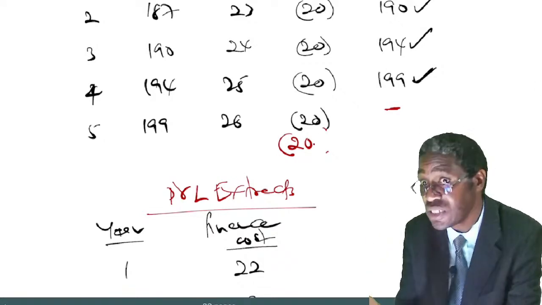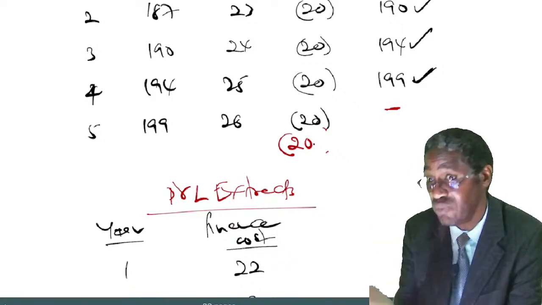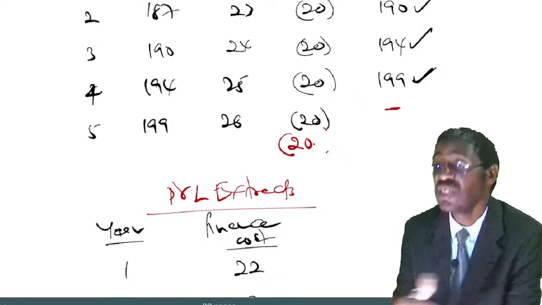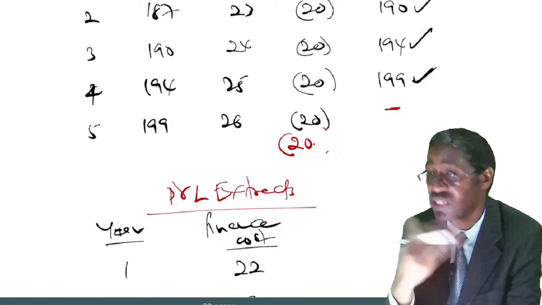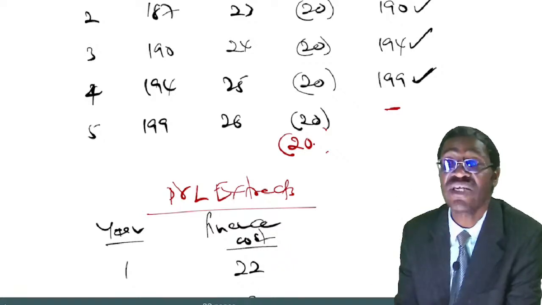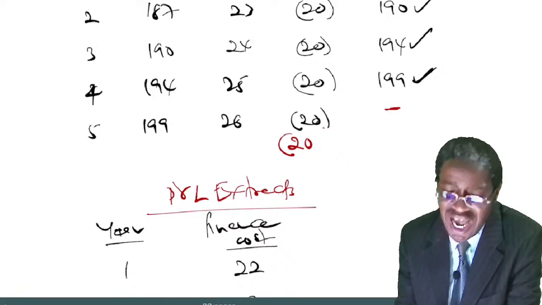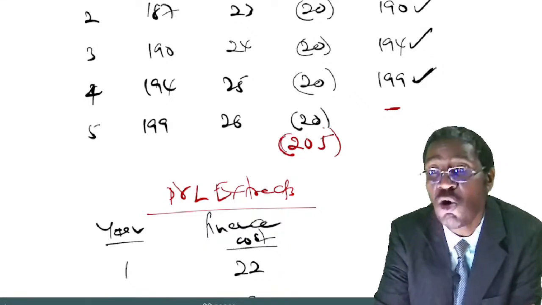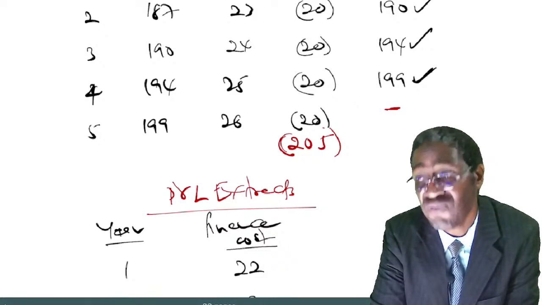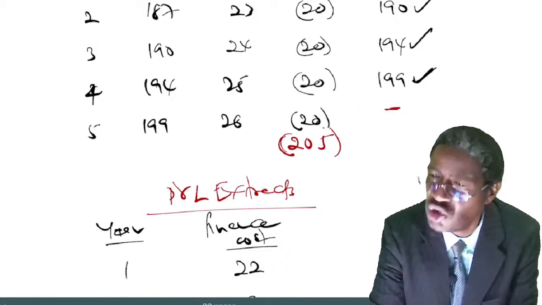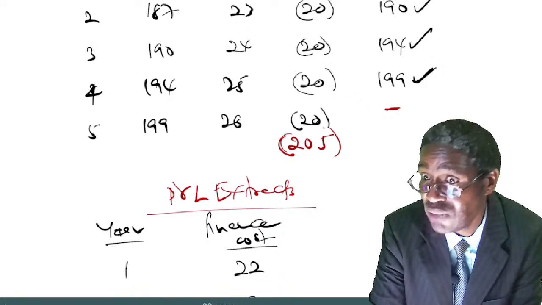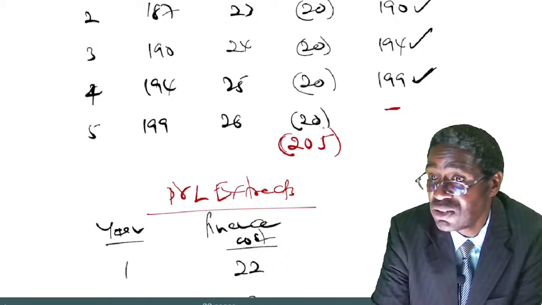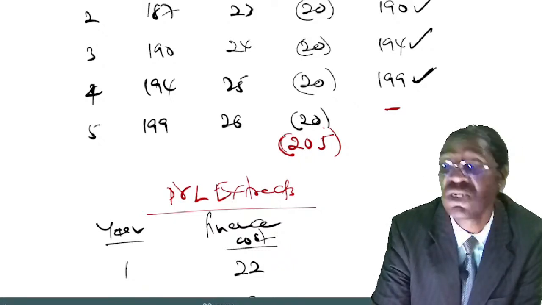If it's 10%, that is 20 million. If it's 5%, that is 10 million. If it's 2.5%, it's 5 million. So you just take the nominal 200 plus the premium.